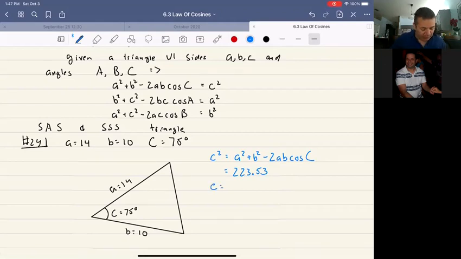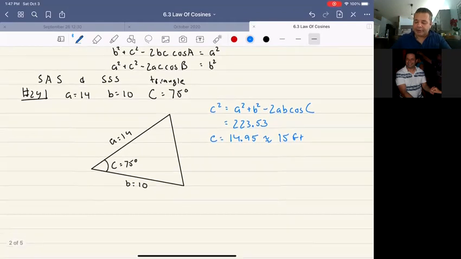C then equals 14.95, which I'm going to round to the nearest tenth. So that rounds up to 15. I think this is in feet. So C equals 15 feet.